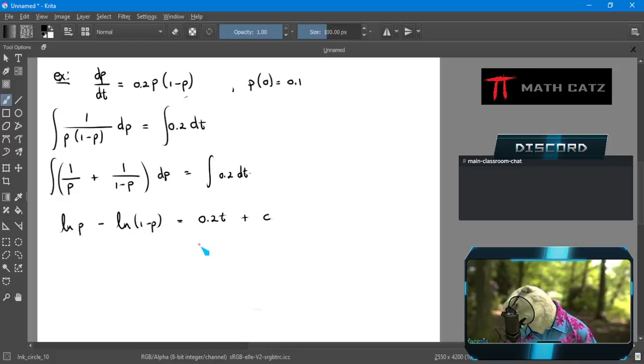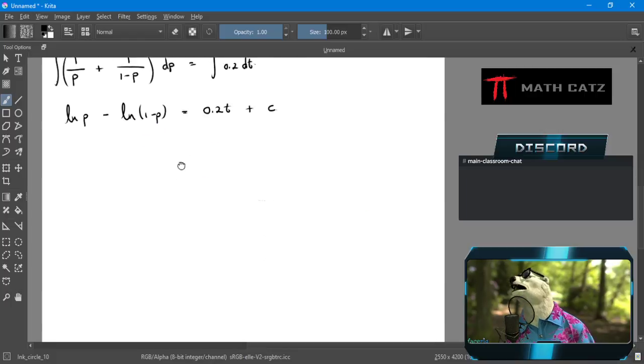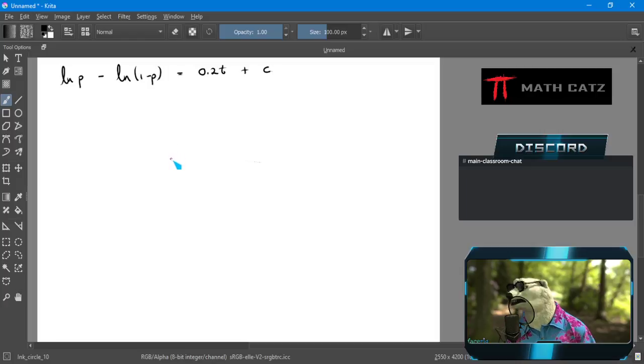Okay. So that is what we have so far. Now we just have to solve for p because I want to see the function. I want to see what does this look like, then what happens long term, and so on. So because our initial differential equation was a little tedious, the solution process is as well.